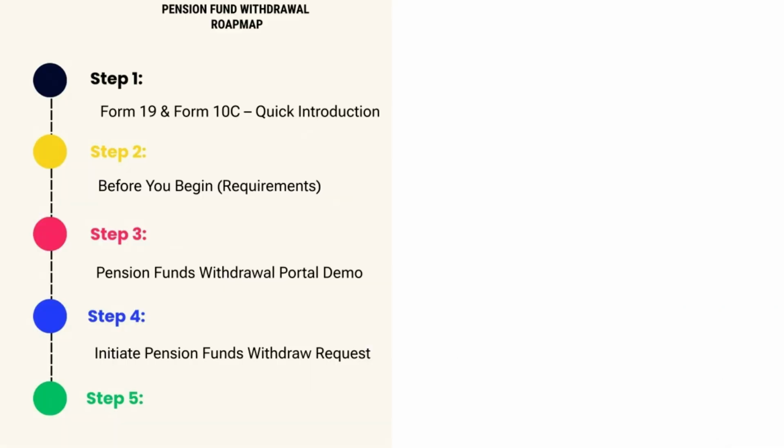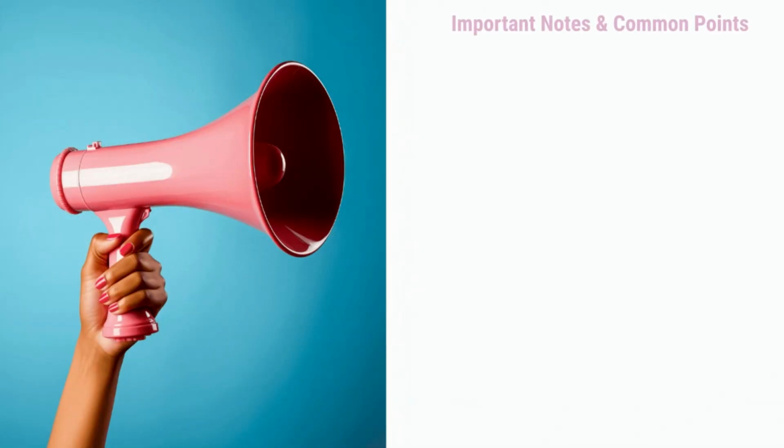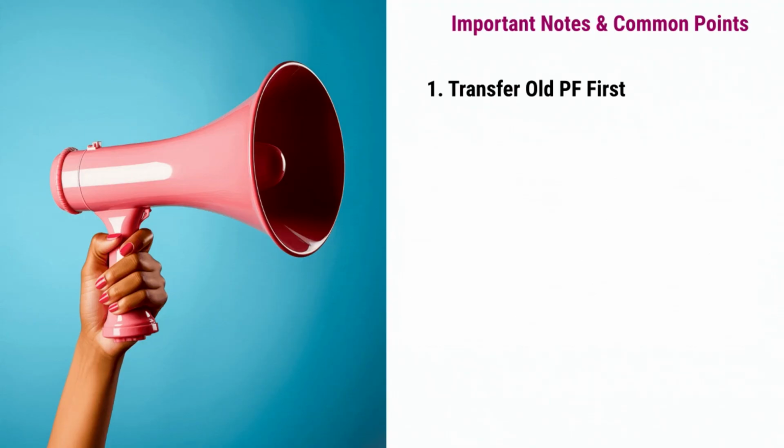Step 5. Important notes and common points. Transfer old PF first. Before applying for pension withdrawal, transfer all previous PF accounts to your current PF account. Eligibility for pension form 10C: you can withdraw the pension amount if unemployed for 2 months and service is less than 10 years.